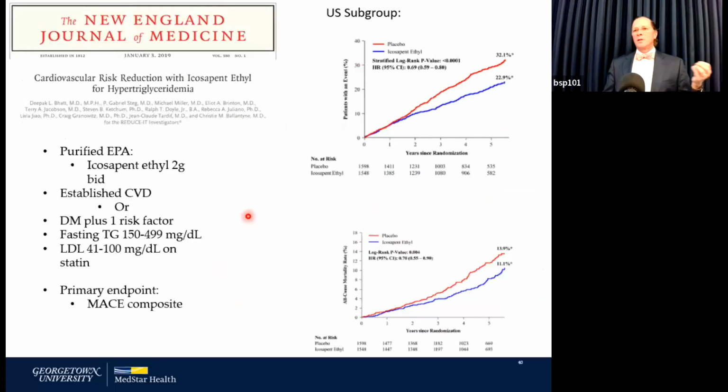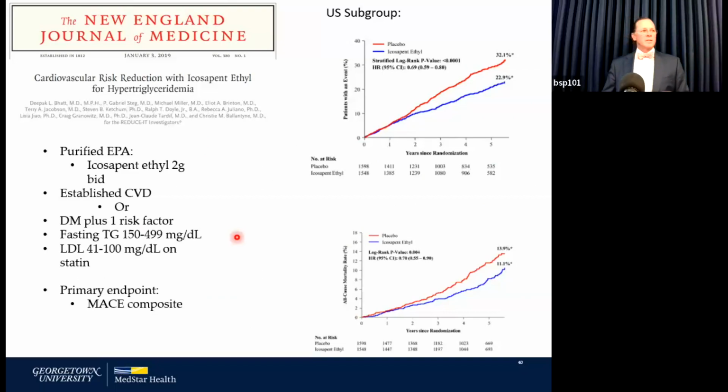Purified EPA is proven in a randomized clinical trial of people with known heart disease or diabetics at risk, when triglycerides are over 150, to profoundly lower cardiovascular events and lower total mortality. And this is after already being on a statin at high dose with well-controlled LDL, simply having triglycerides over 150.